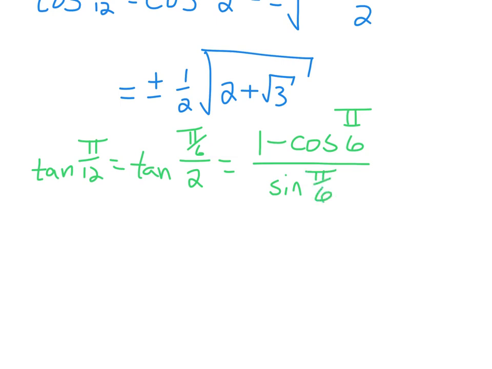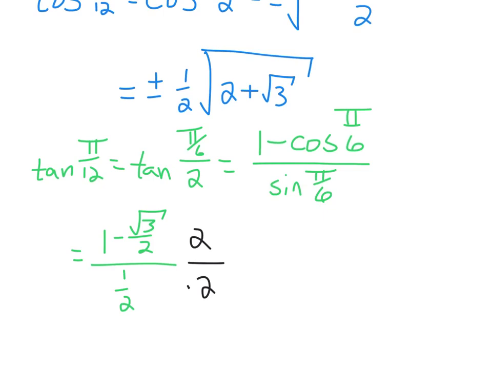Okay, and this is just a little, the other part of the formula we could have used is a little more simplifying. So then what we have is 1 minus radical 3 over 2 again, and the sine of pi over 6 is just 1/2. And this is a quick simplifying step here because we can just multiply both top and bottom by 2.